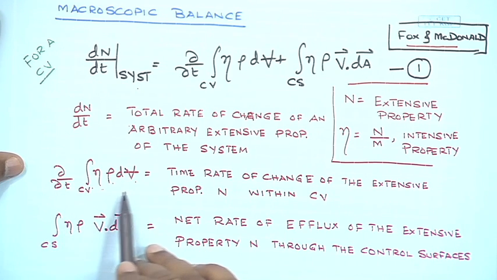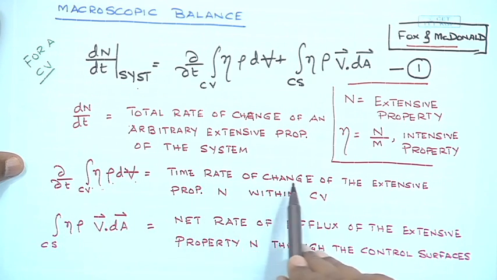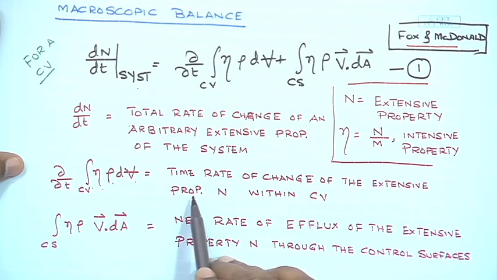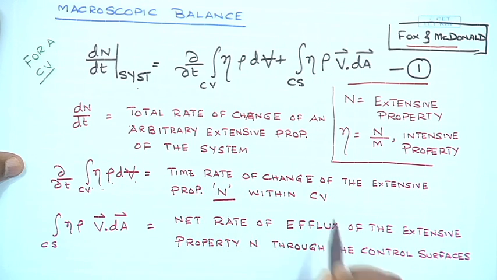So the significance of this term is the time rate of change of the extensive property N within the control volume.